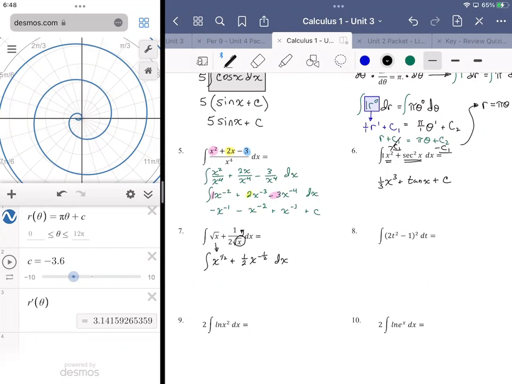Anti-differentiate each piece. Increase the exponents by 1, divide by the new exponent. Again, understood coefficient of 1 here. If I increase a 1/2 by 1, I get 3/2. If I divide the 1 by 3/2, that's the same as taking the 1 and multiplying by 2/3. I'm going to get 2/3.